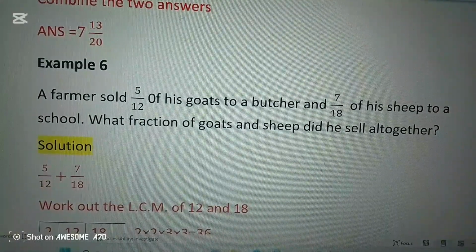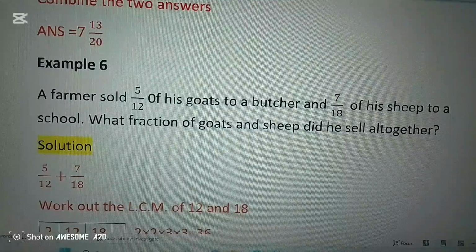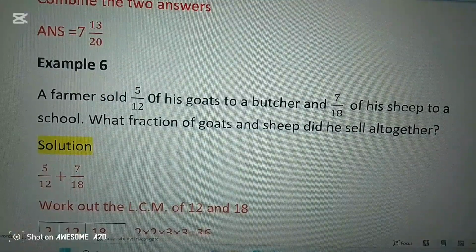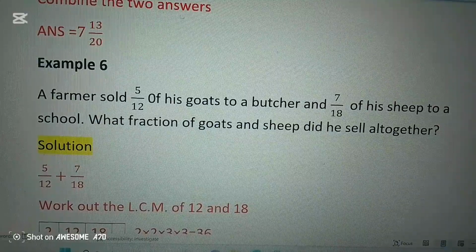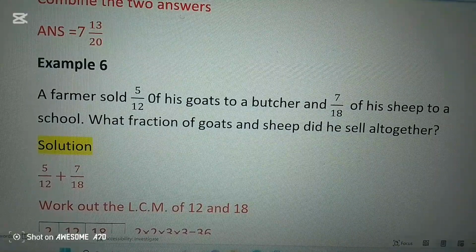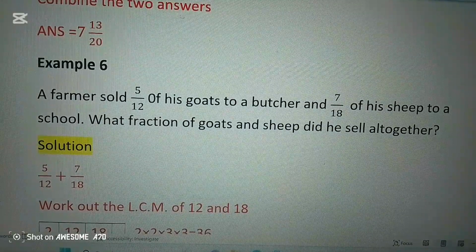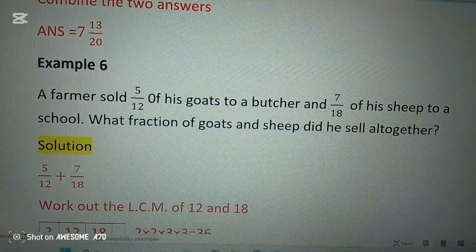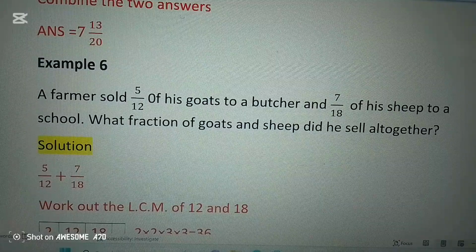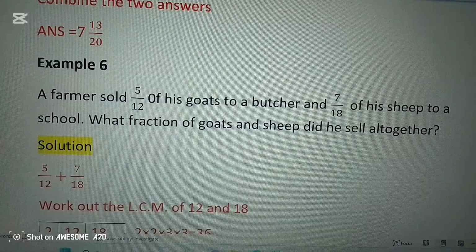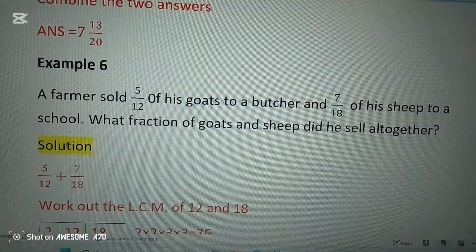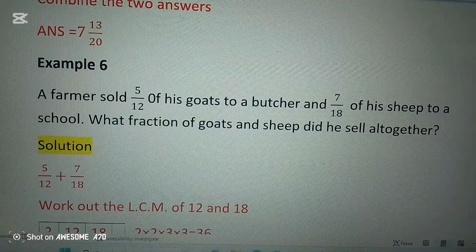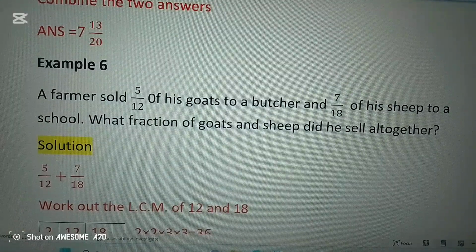Statement questions are always easy, and I'm going to create another lesson on how to answer statement questions or sentences. Okay, so let's read example 6. A farmer sold 5 over 12 of his goats to a butcher and 7/18 of his sheep to a school.